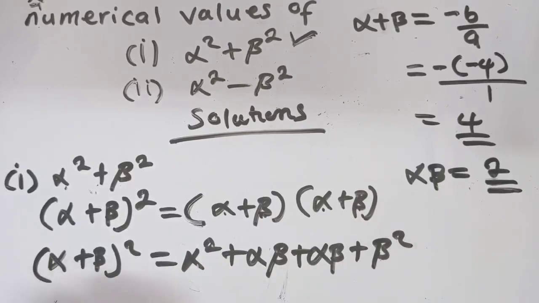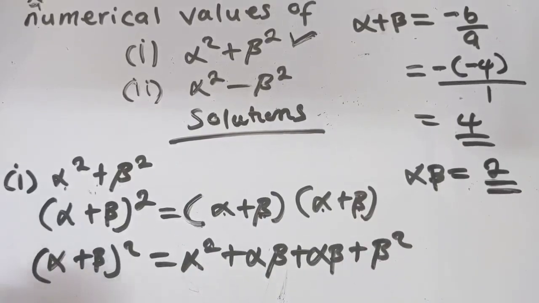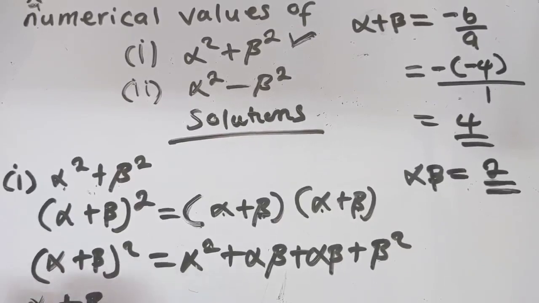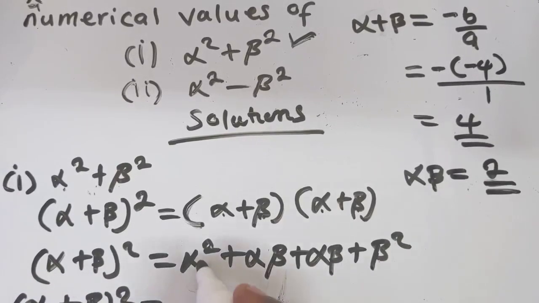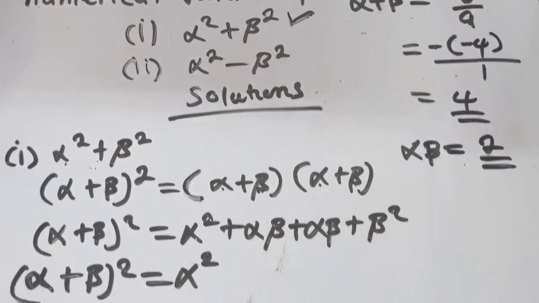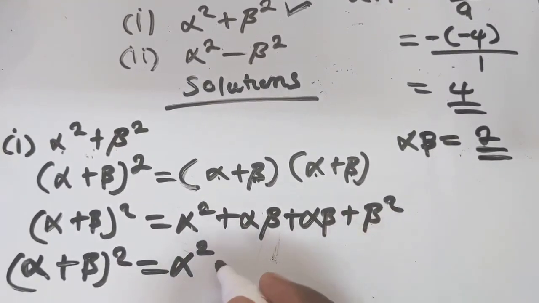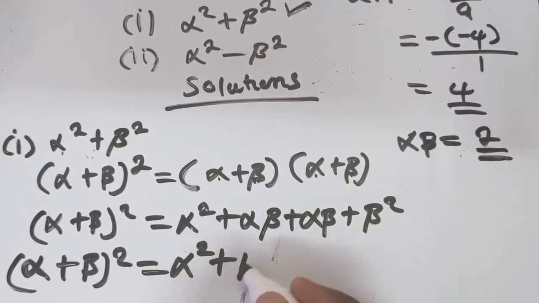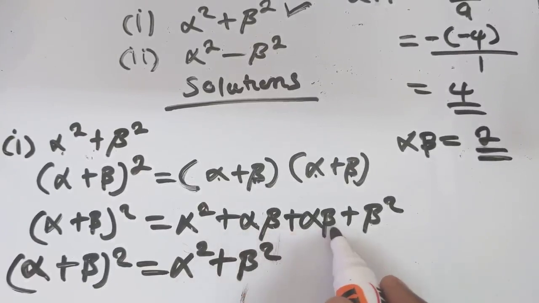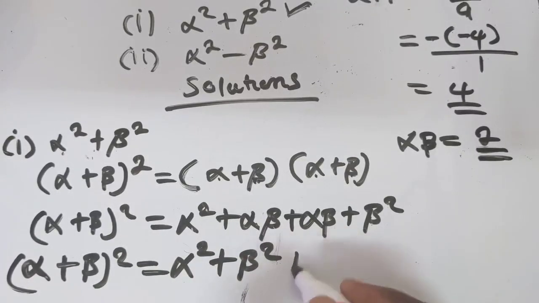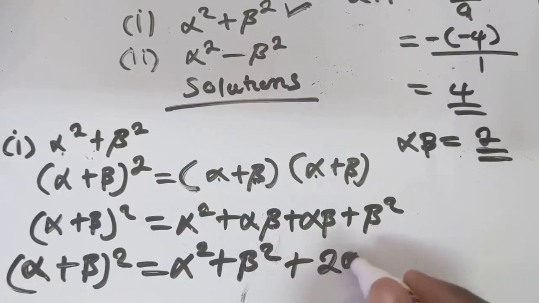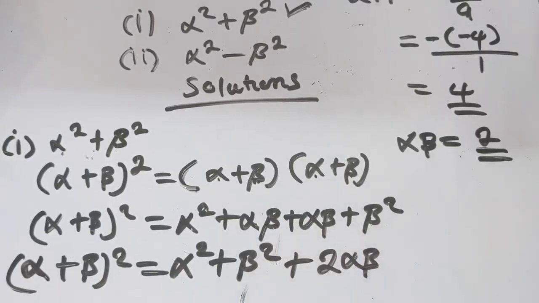So you write it like this: alpha squared plus beta squared, then alpha beta plus alpha beta, you're going to have 2 alpha beta.